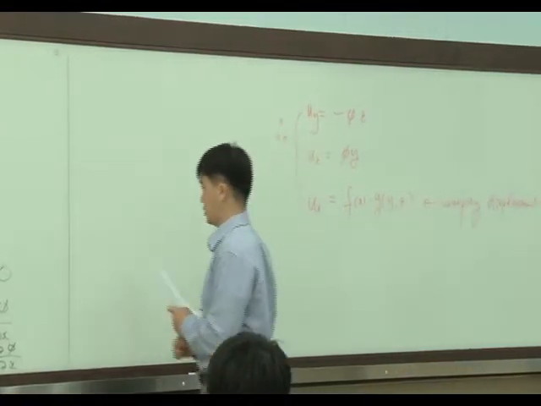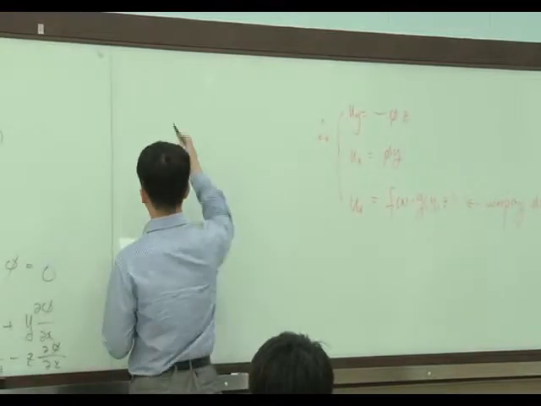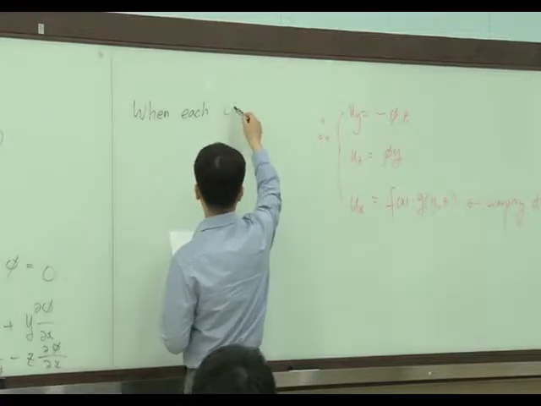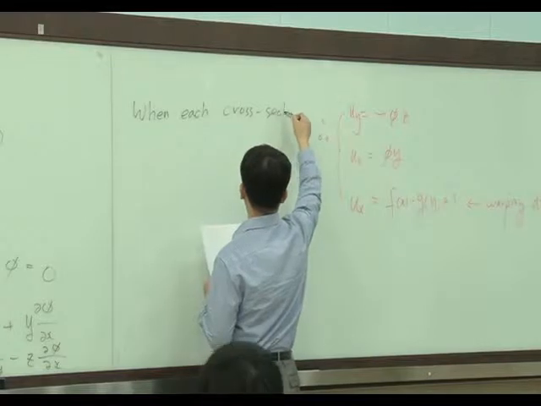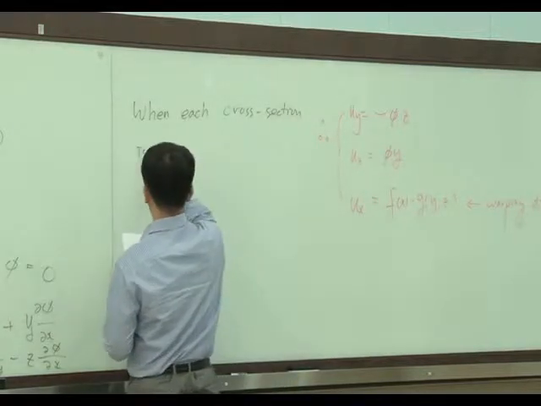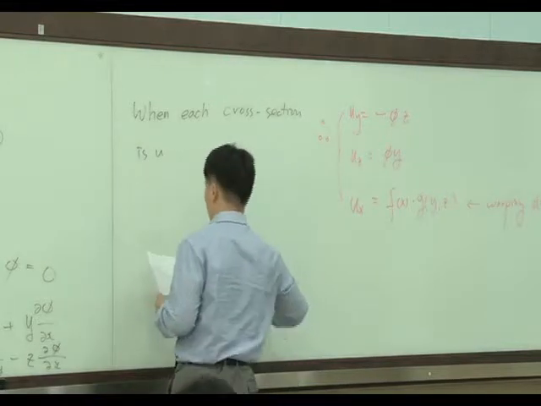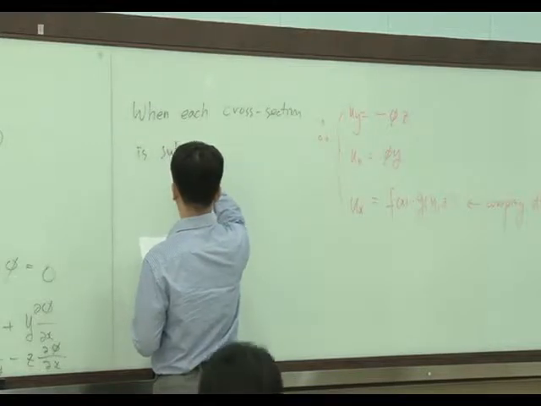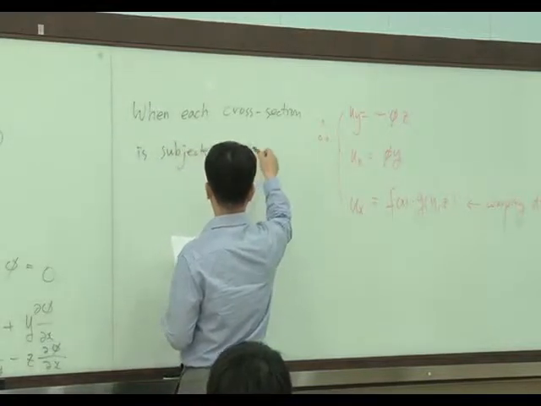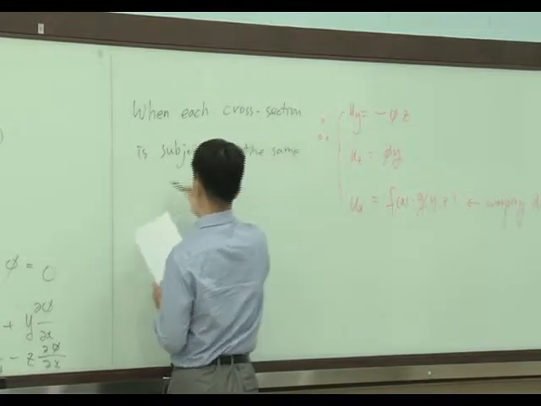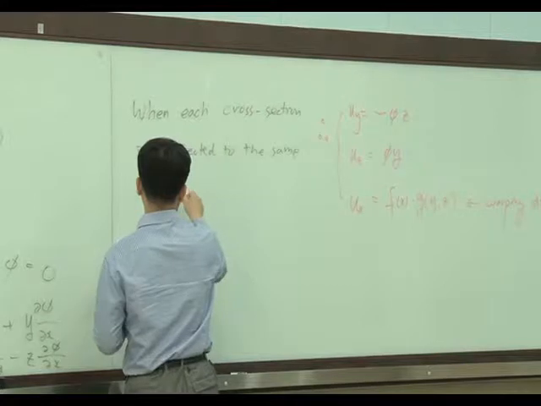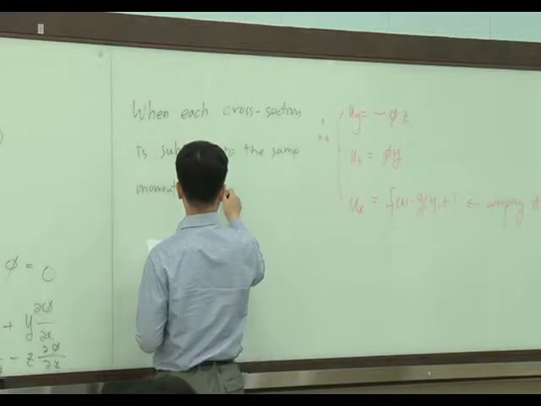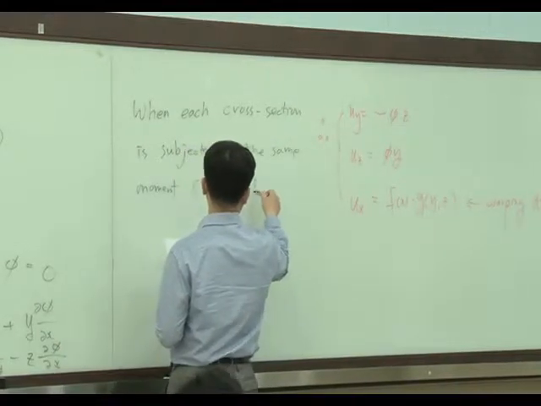Okay, now let's simplify the problem when each cross section is subjected to the same moment. It means uniform torsion.